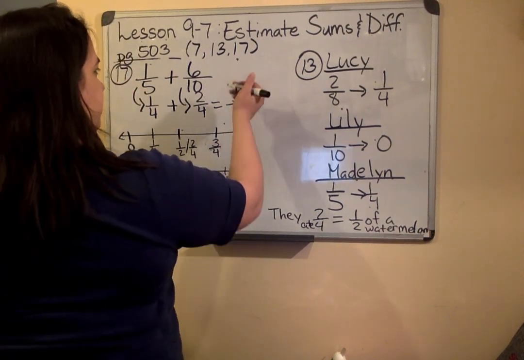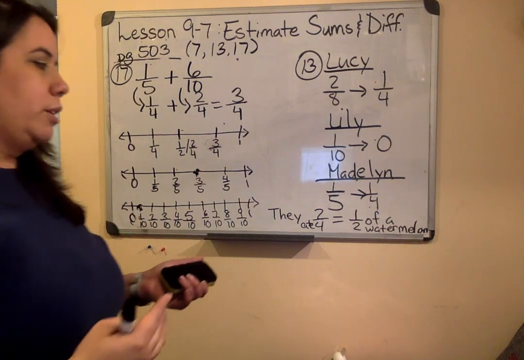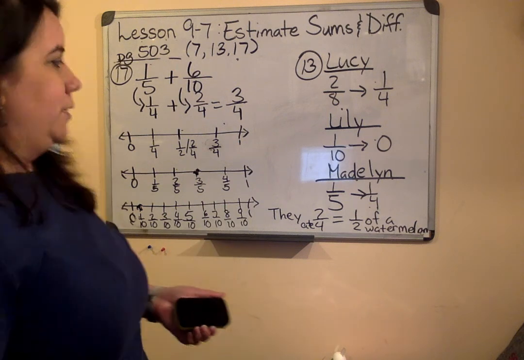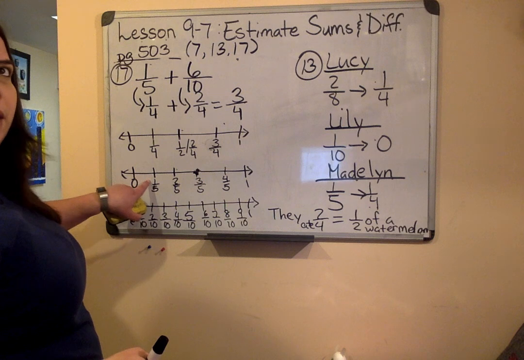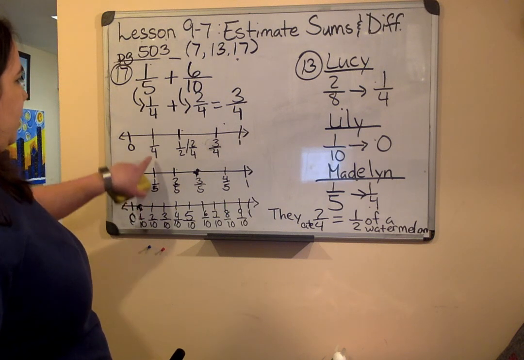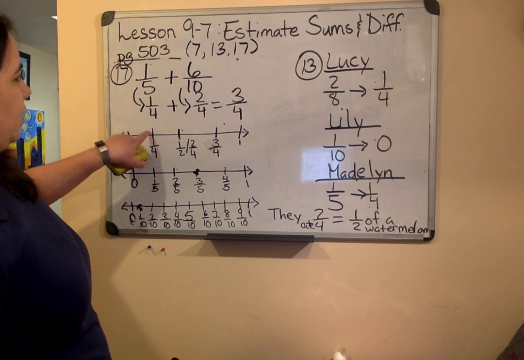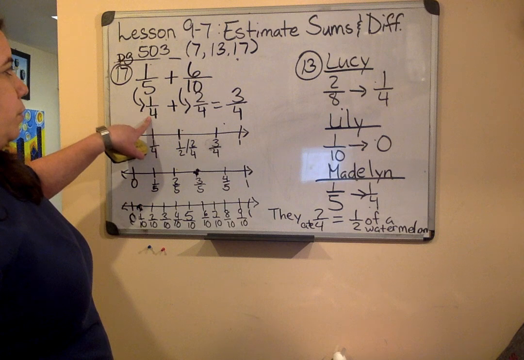So, how did we do that? How do we use the number lines? ¿Cómo usamos las líneas para apoyarnos? What we did is we located 1/5 on the number line, and we saw that it was closer to 1/4, and so we rounded 1/5 to 1/4.